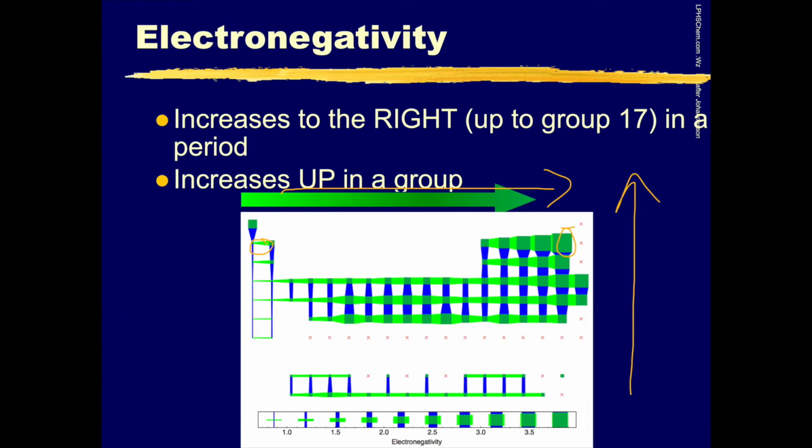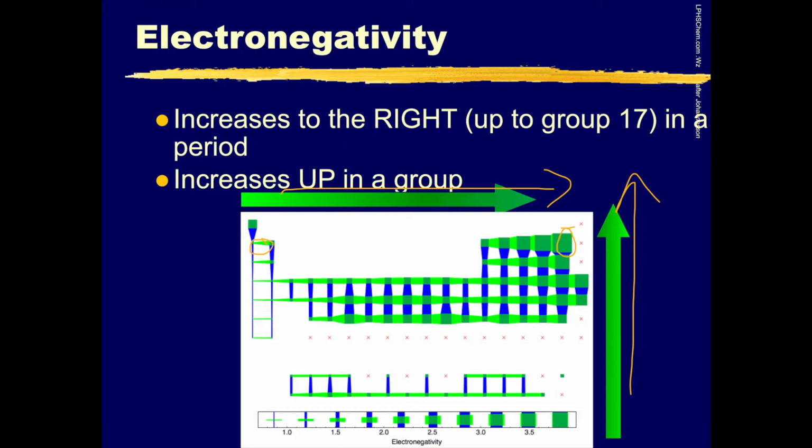That would make it difficult for it to pull on the electrons that are being shared. So electronegativity actually has the same pattern as ionization energy.